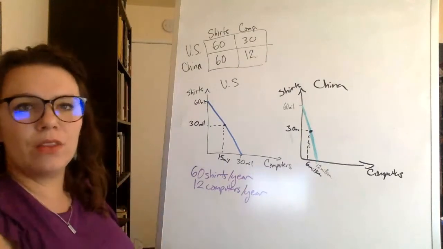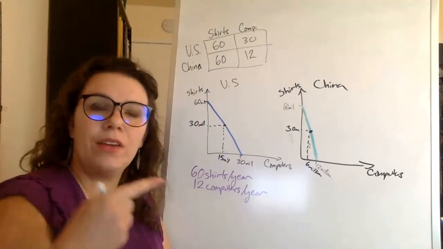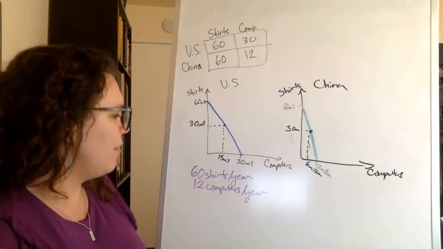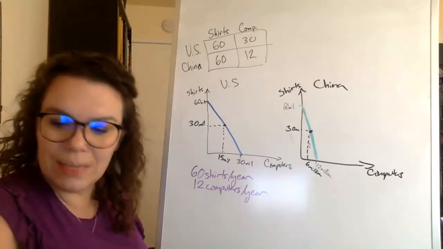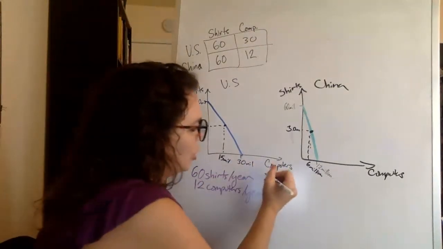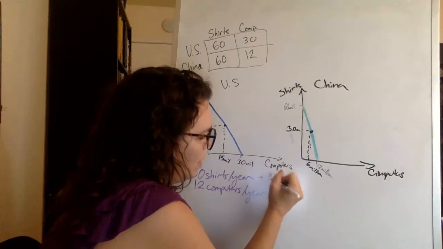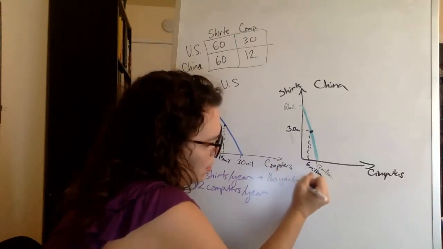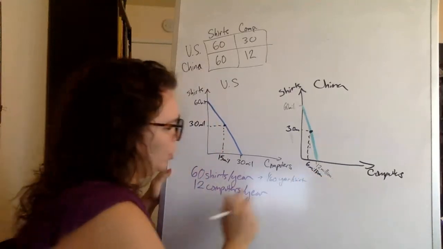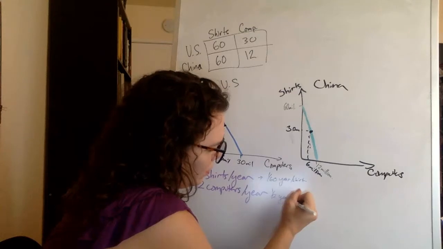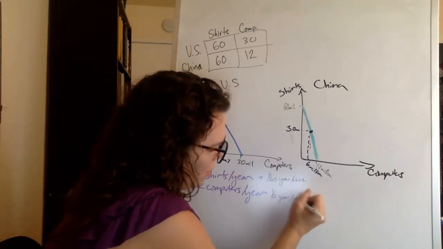how many computers does a Chinese worker give up when they produce a shirt? So we can think about this intuitively, we can calculate it mathematically. What you want to think about is, okay, you can do the same thing you did with the socks problem and say, each shirt takes 1/60th of a year to make, and each computer takes 1/12th of a year to make.